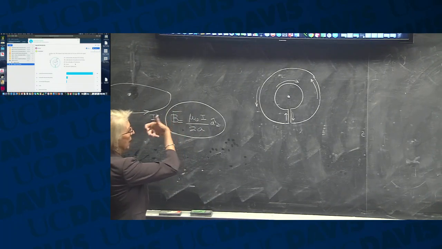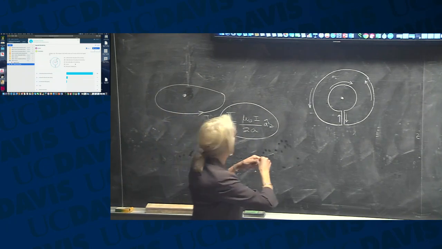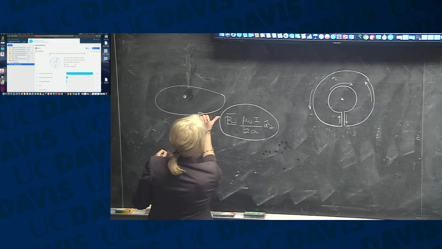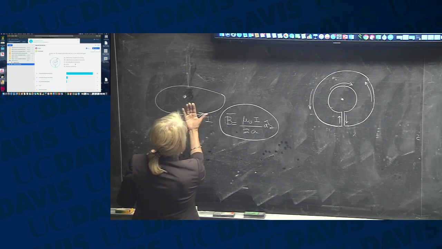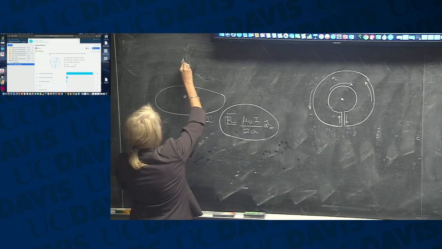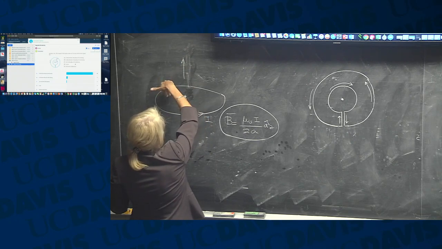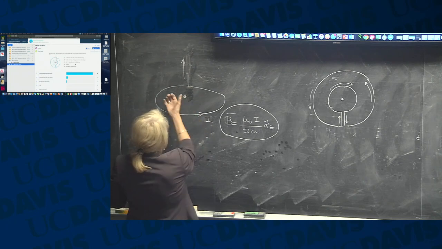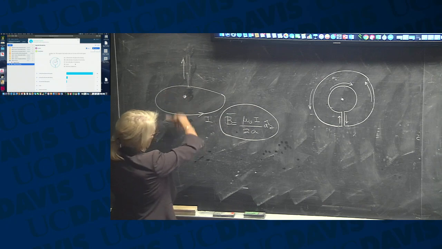When the current is like this, what we found is that the magnetic field goes upwards here. When the current goes the other way, B goes in the other direction.